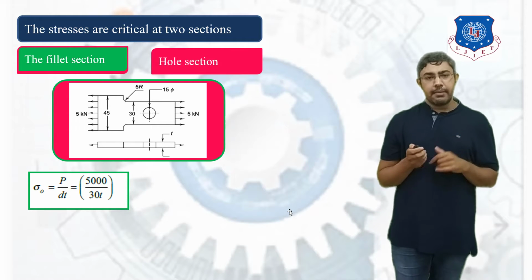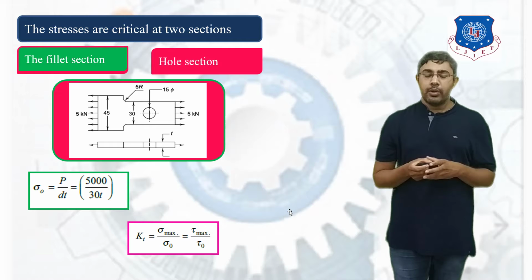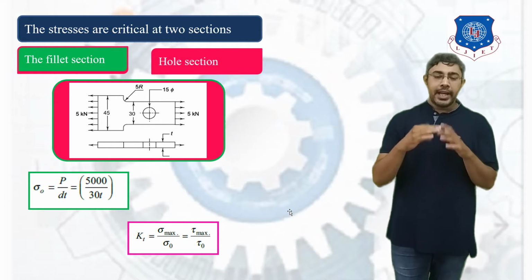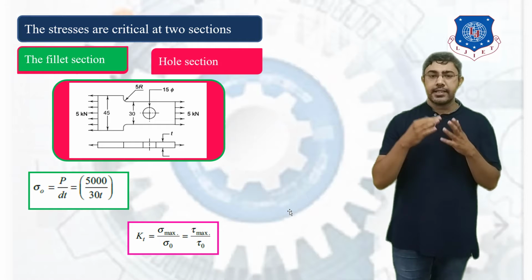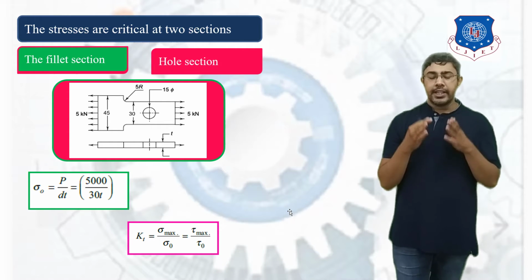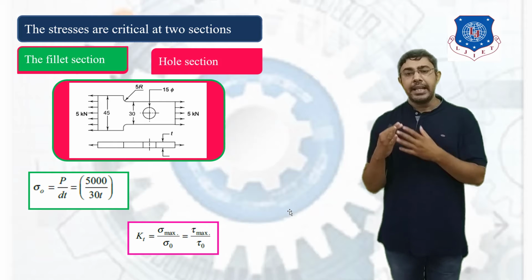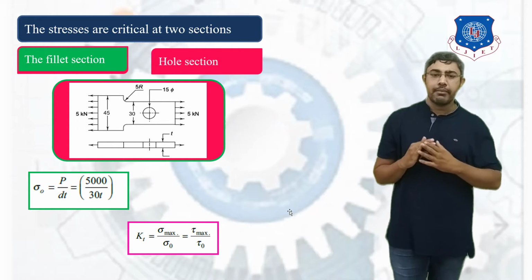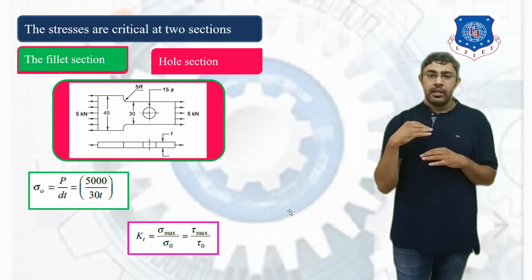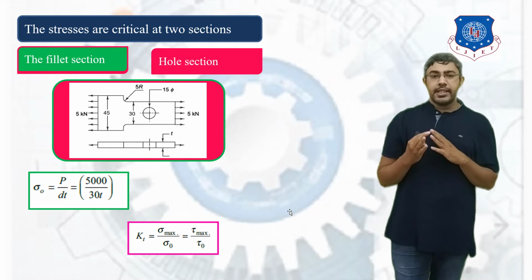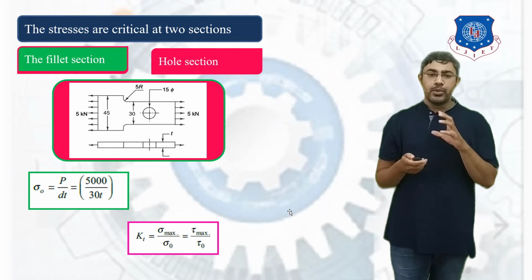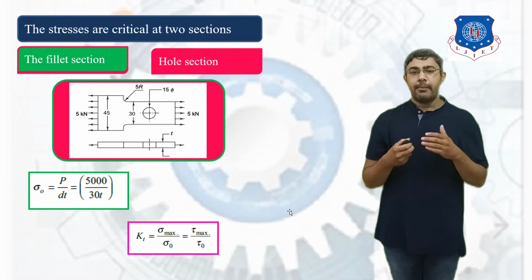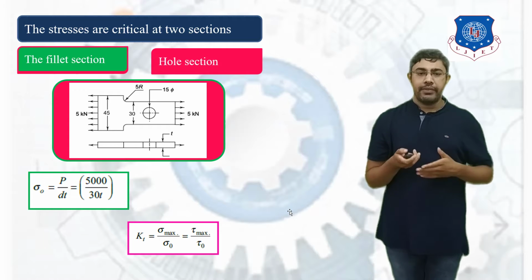So this is sigma 0. The stress concentration factor Kt is equal to sigma max divided by sigma 0, or tau max divided by tau 0 depending on the condition. Using this equation, we calculate the maximum stress at the fillet section.